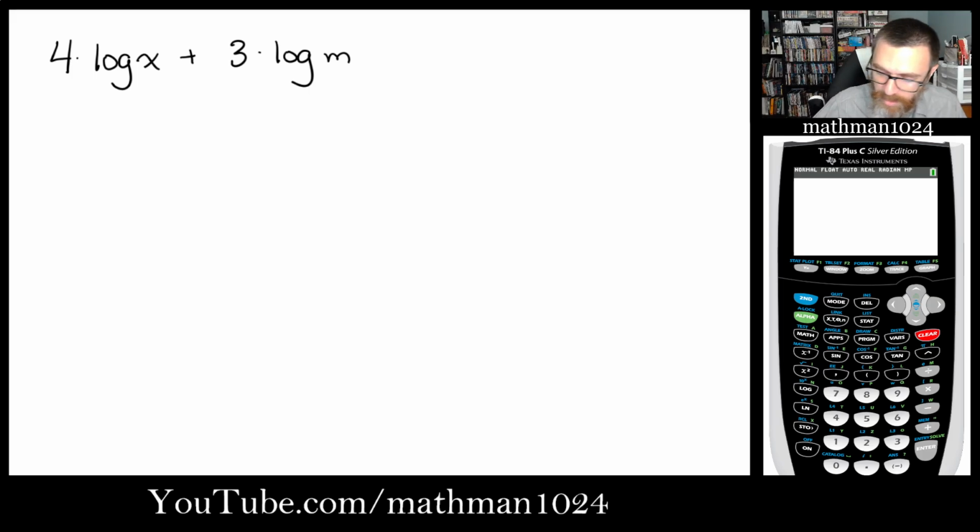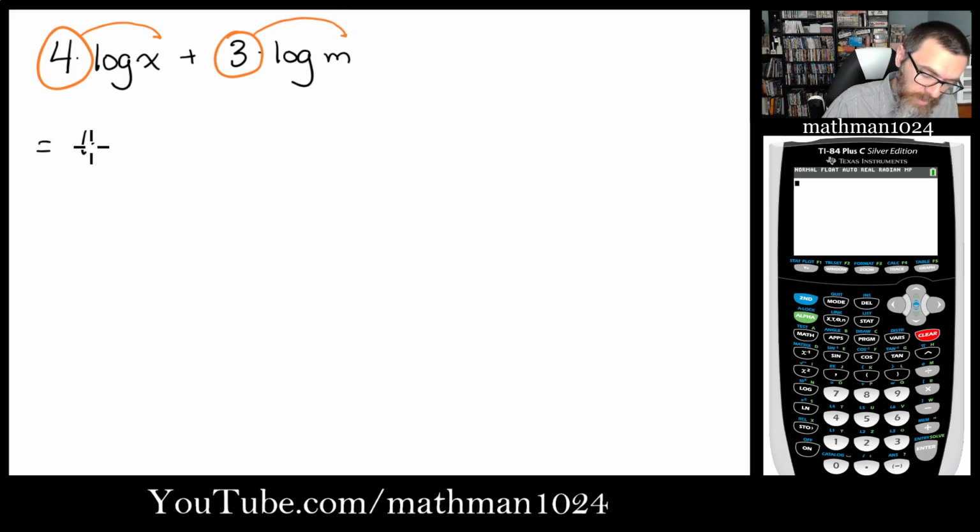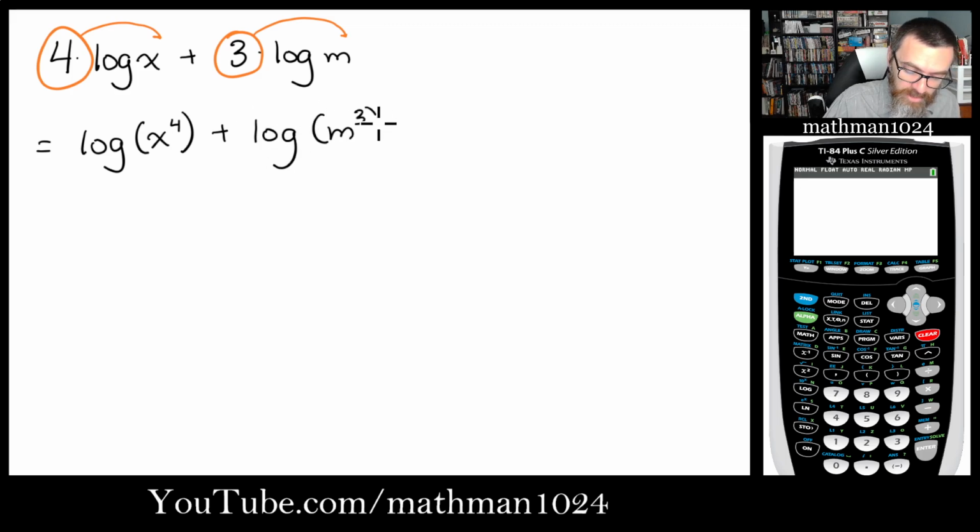So if we use those properties of logarithms going backwards, this 4 is going to go back up here as a power. The 3 is going to go back up here as a power as well. So we end up with log of x to the 4th plus log of m to the 3rd. Okay?